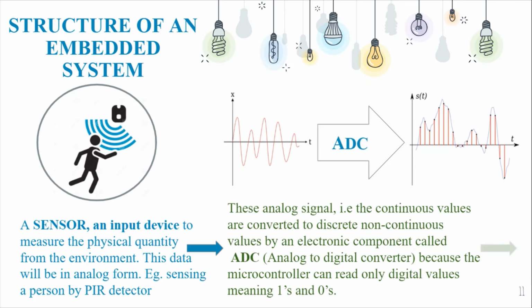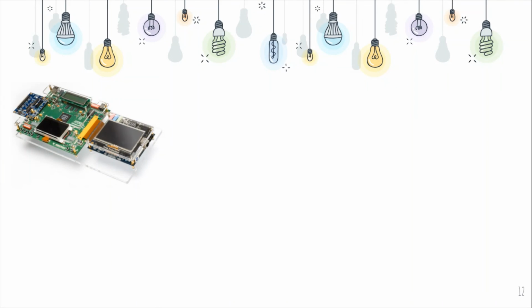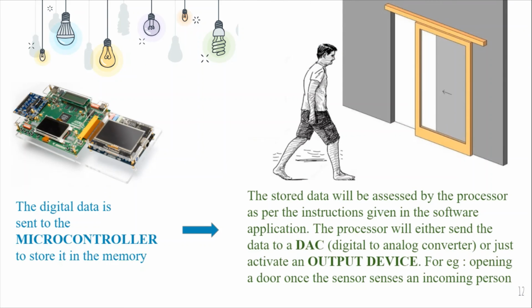This conversion process is done by ADC. The information is fed inside the microcontroller. With the instructions in the application software, the microcontroller processes the data accordingly. If upon detecting a person, the microcontroller is instructed to open the door, it will turn on a relay switch which powers the motor and opens the door. This is the basic structure of an embedded system.